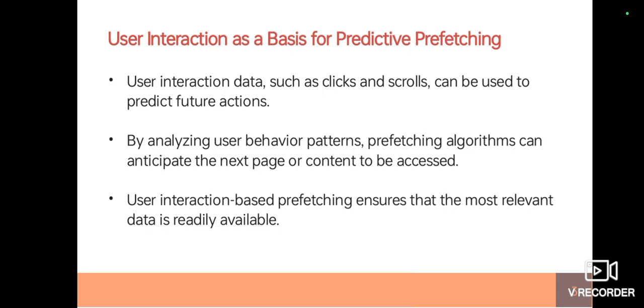The user can scroll or click, or write a word, or go to the next page, so these are the things we are going to predict. User interaction based prefetching ensures that the most relevant data is readily available. So this will be done by predictive prefetching.